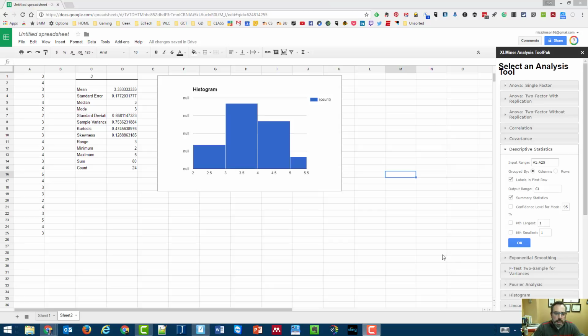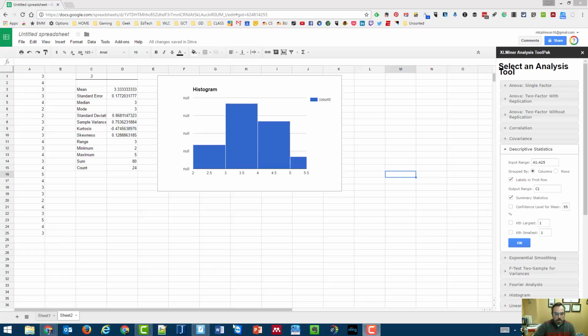Here I have a chart of how good you are at math, self-identified, from 1 to 5. It looks like the mean was about 3.3, and the standard deviation was about 0.86. I'm just going to round those off to 3 and 1 so that we can put it into this other thing.